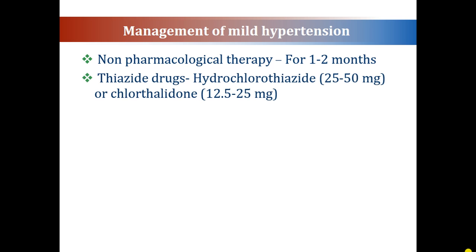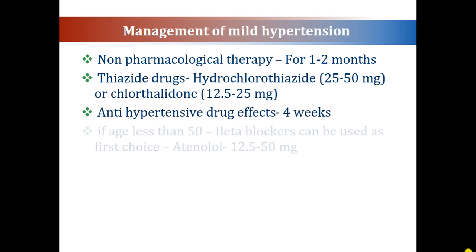Then if the patient is not controlled, you start with a thiazide drug. Hydrochlorothiazide is the drug of first choice for all patients of mild hypertension unless contraindicated. Dose is 25 to 50 mg, or the alternative drug is chlorthalidone 12.5 to 25 mg. Antihypertensive effect would be seen by around 4 weeks.